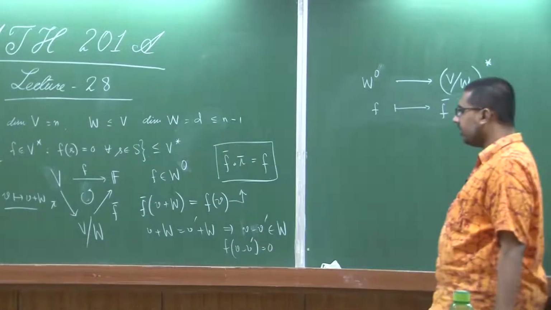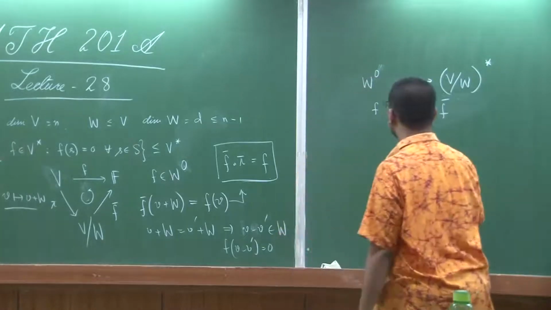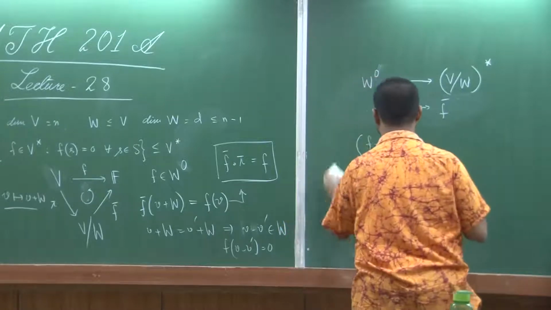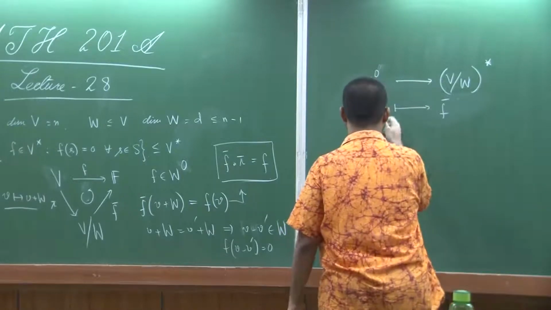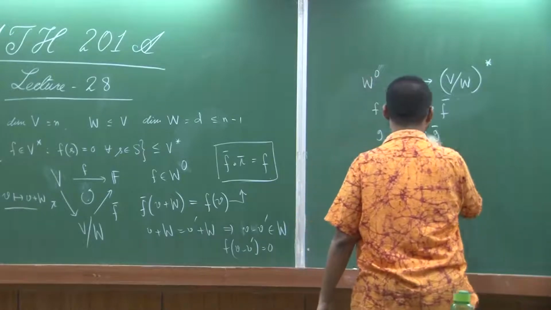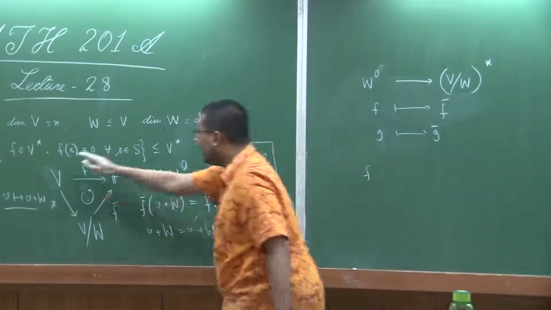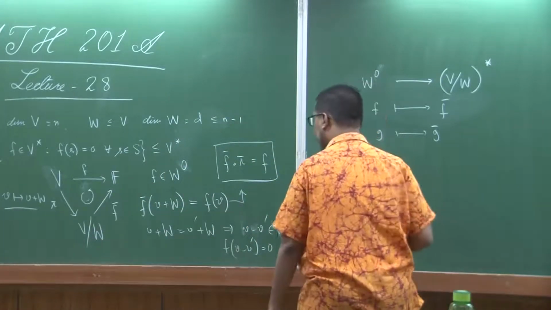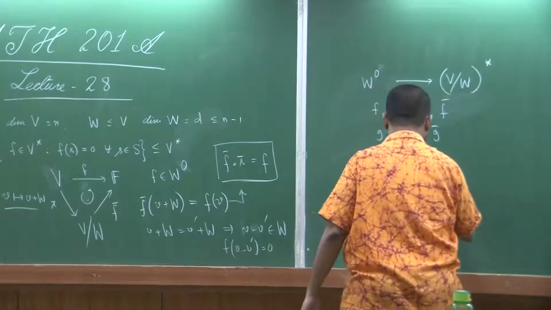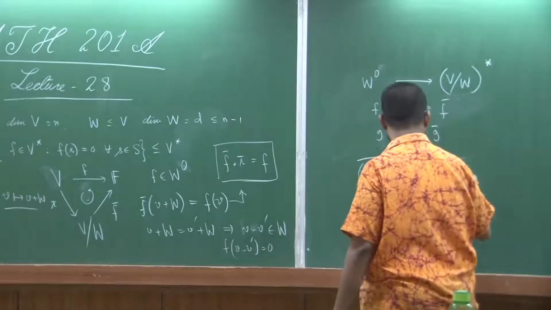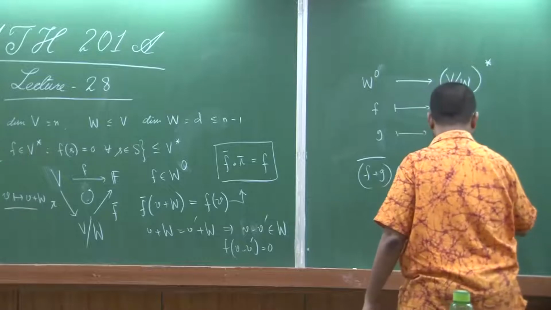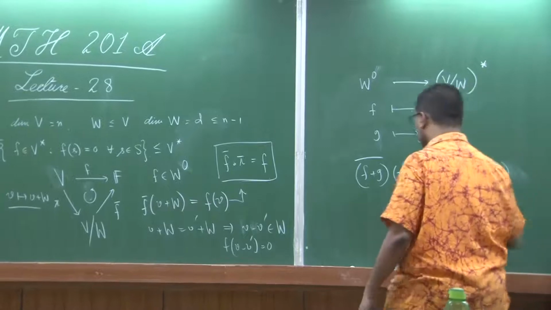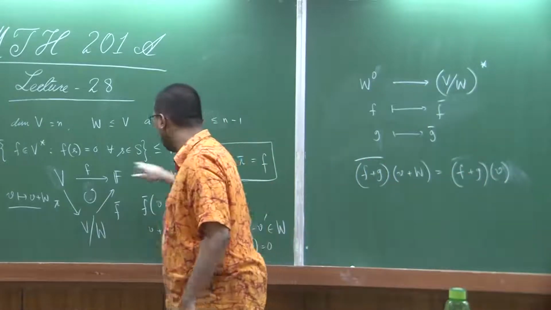Now, the next step is also very obvious. This map is indeed linear because f goes to f bar, g goes to g bar. So, this we have done for any f. Therefore, (f plus g) bar of v plus W is defined as (f plus g) of v, for any f lying in W naught.